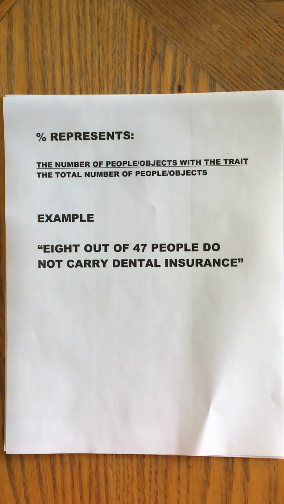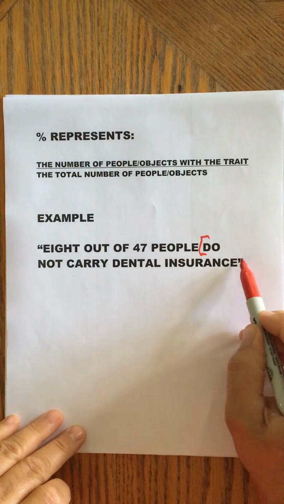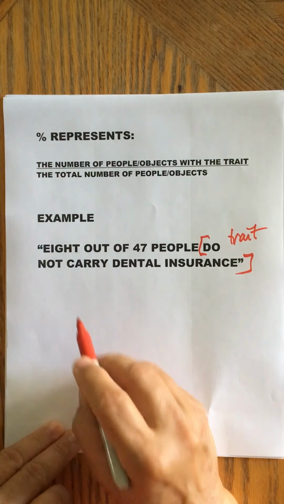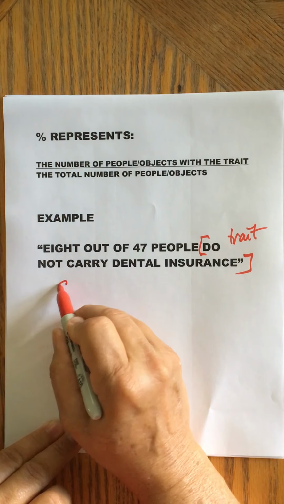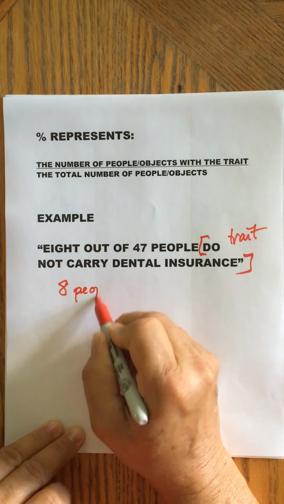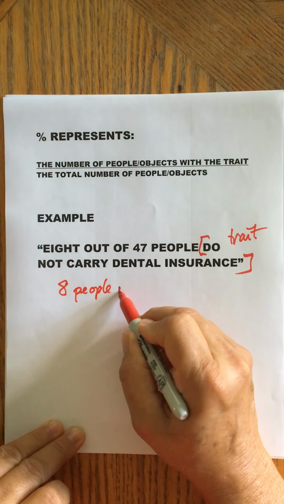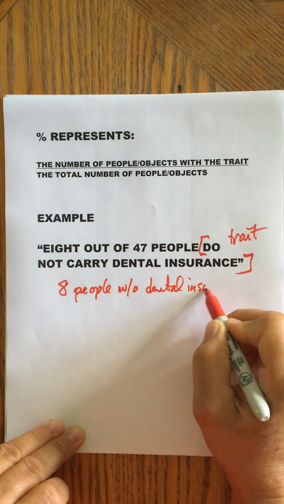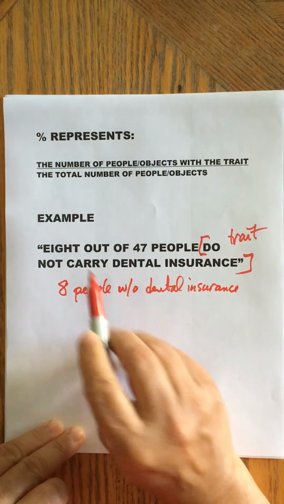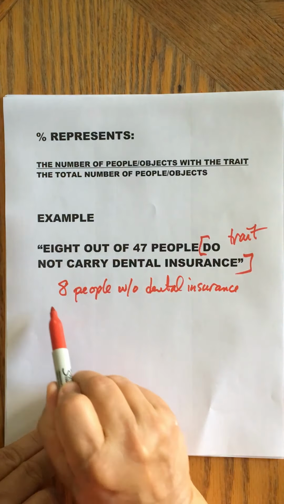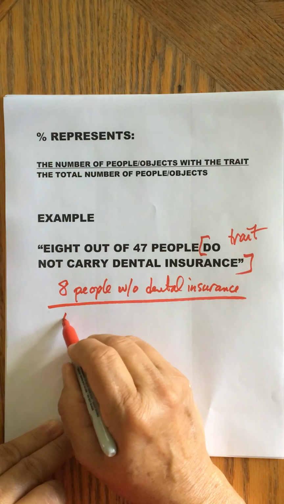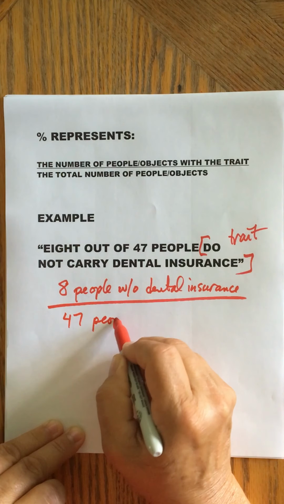Well, what that tells me is when I first start out, I have the trait do not carry dental insurance. So when I make this into a fraction, I have 8 people without dental insurance. So that's the number of people with the trait out of the total population, in this case 47 people.